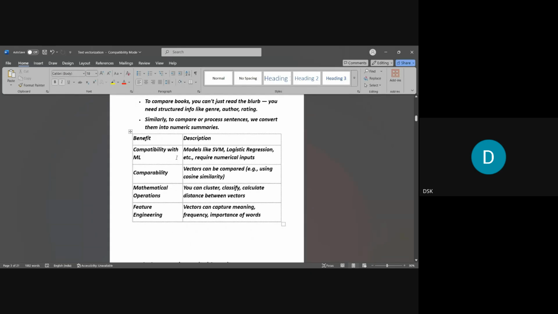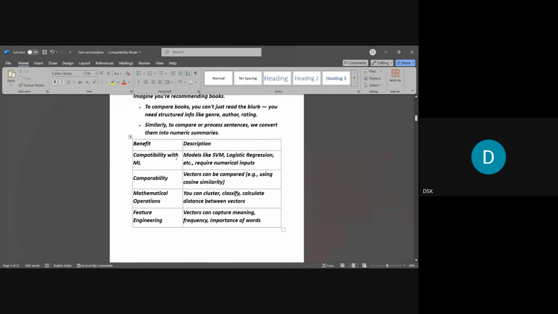So the benefit is compatibility with ML models like SVM and logistic regression that require numerical inputs. Another benefit is comparability, because vectors can be compared, for example, using cosine similarity.